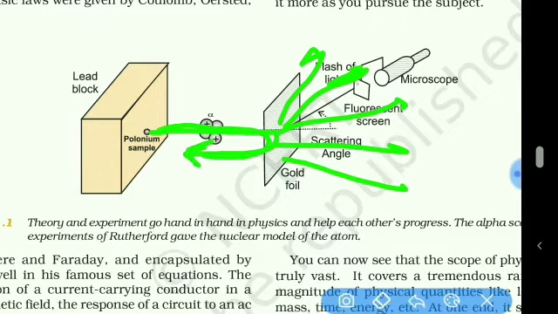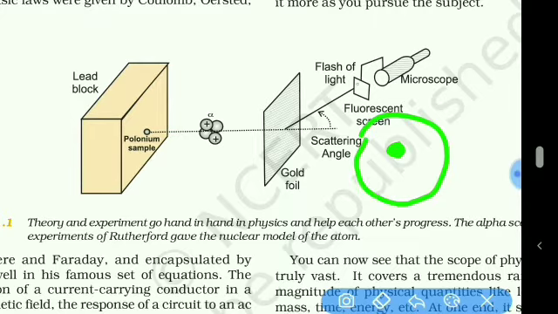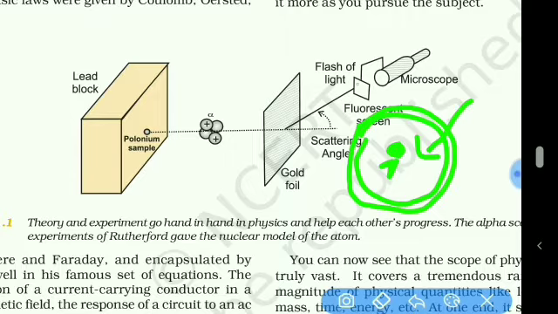That shows that in this gold foil, the heavy or massive thing is of a very small size. The rest is hollow, which means around this nucleus the electrons revolve and the space between is empty.